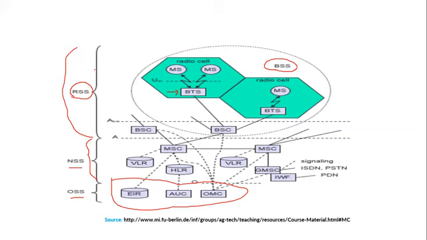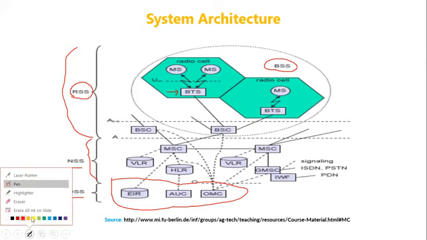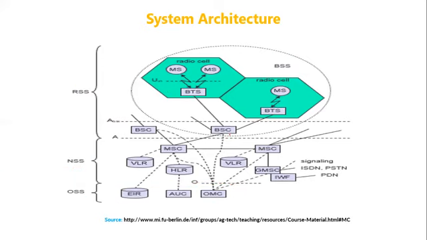So this is a brief overview of the GSM architecture. Let us now discuss in detail how this architecture works and what the job of each of these components is.